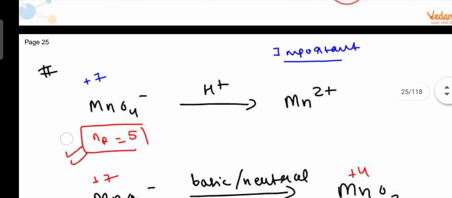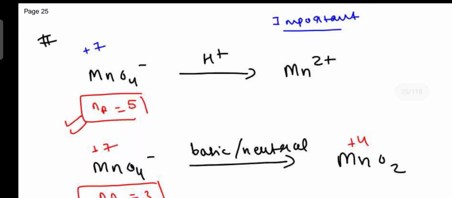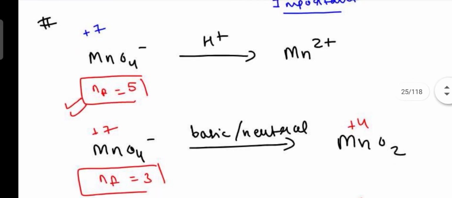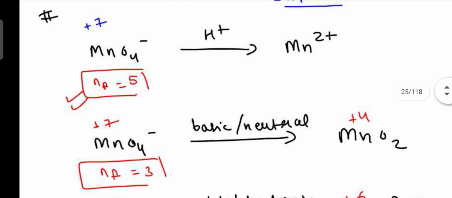Now let's move ahead. MnO4 minus in acidic medium will give Mn2+. Here the n factor is 5. The oxidation state is going from plus 7 to plus 2, so 5 electrons are gained, and that's why we get n factor 5.